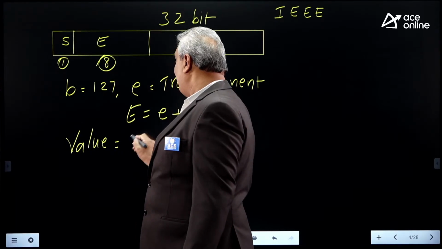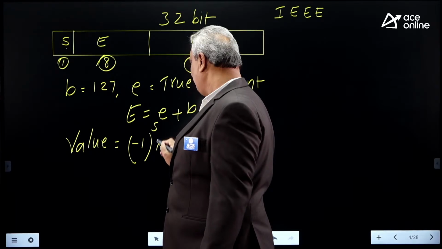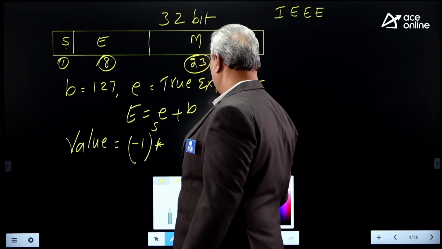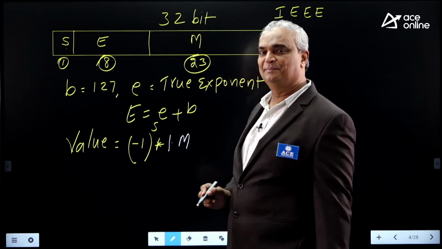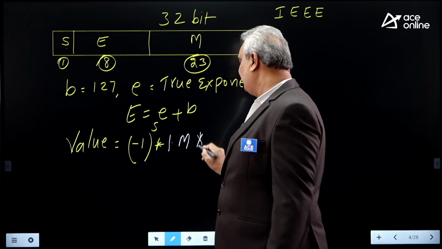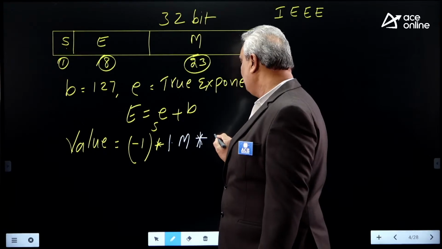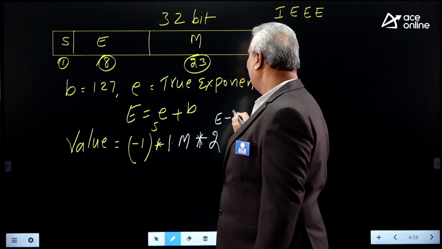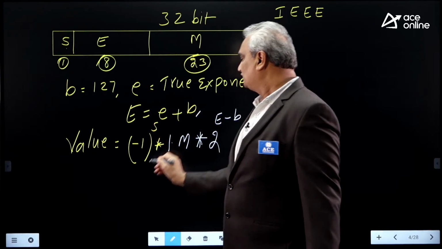It is (-1) to the power S, where S is the sign bit, into 1.m, where the 1 is a hidden bit and m is the mantissa, also known as the significand or fraction, into 2 to the power capital E minus b, and capital E minus b is nothing but small e.